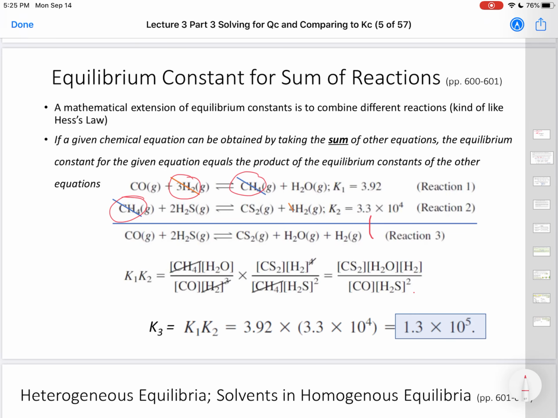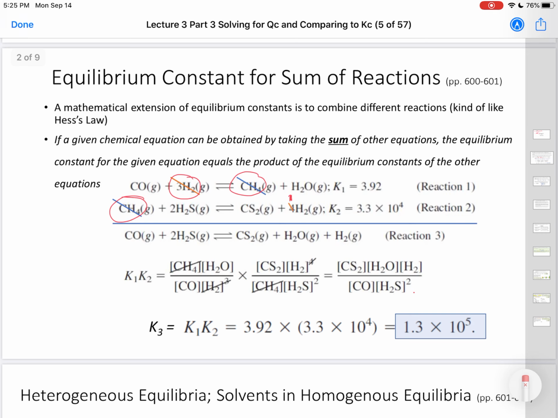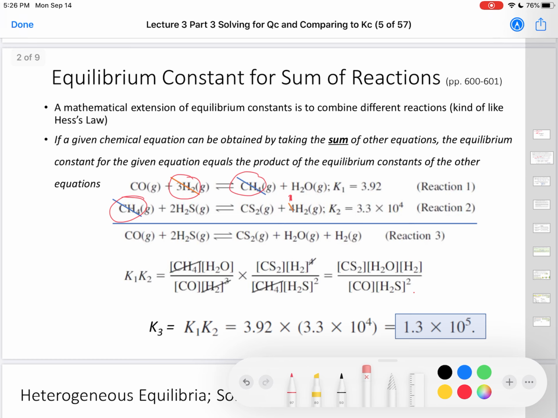There are 3 of them that appear before the reaction, so we can cross off the 4 and write a 1 here, meaning 3 of them are used up. So really, the overall reaction, if you bring everything down except for the reaction intermediates that you've crossed out, is CO plus 2H2S gives you CS2 plus H2O and H2.